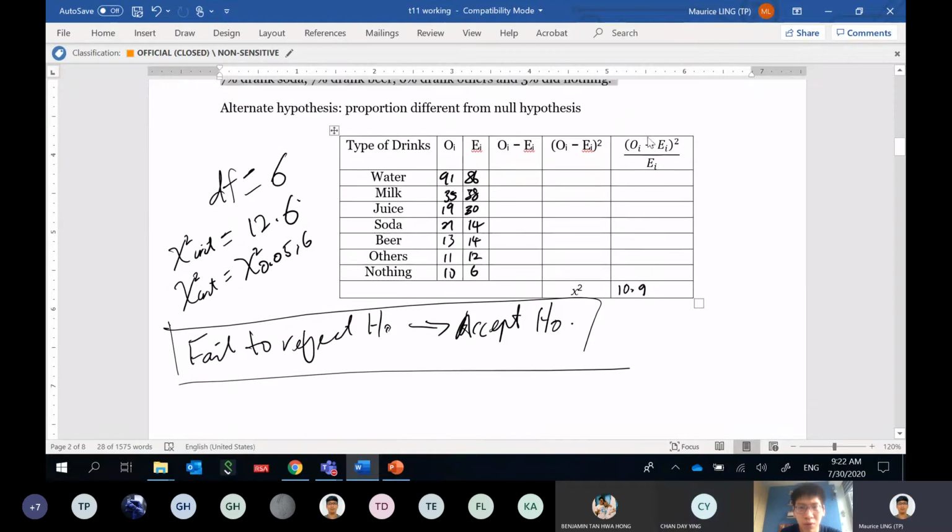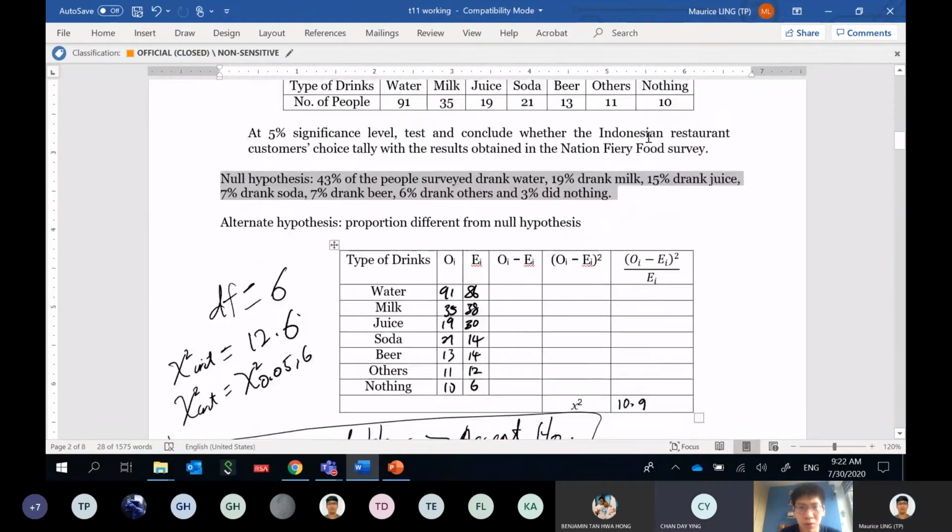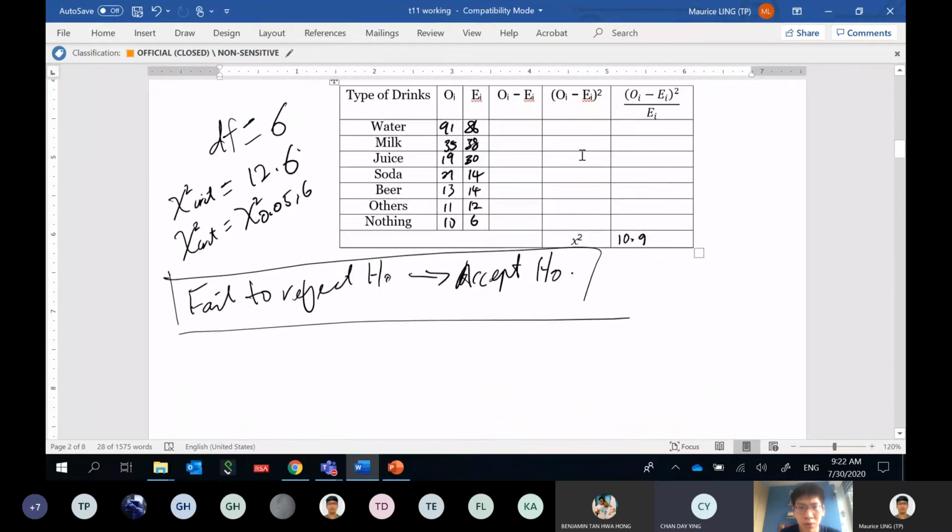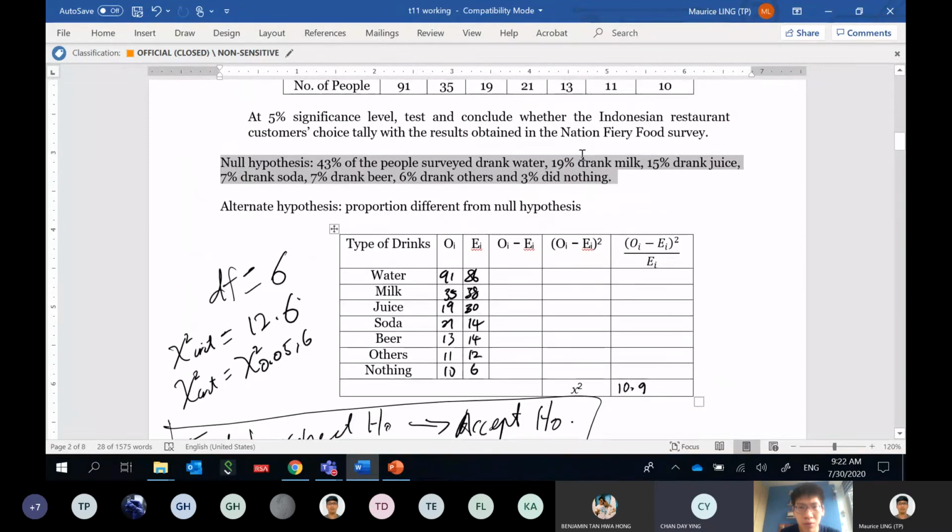Oh, the Indonesian customers' choices tally with the results.